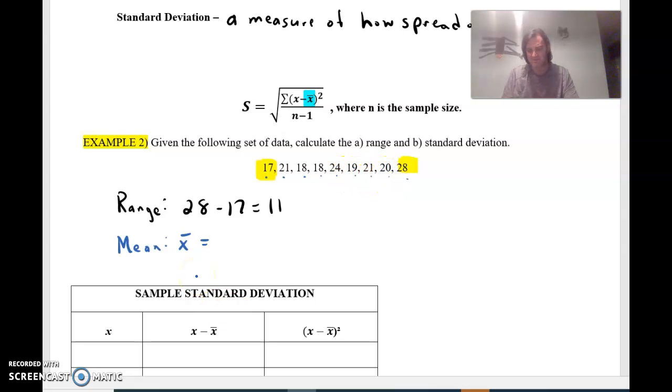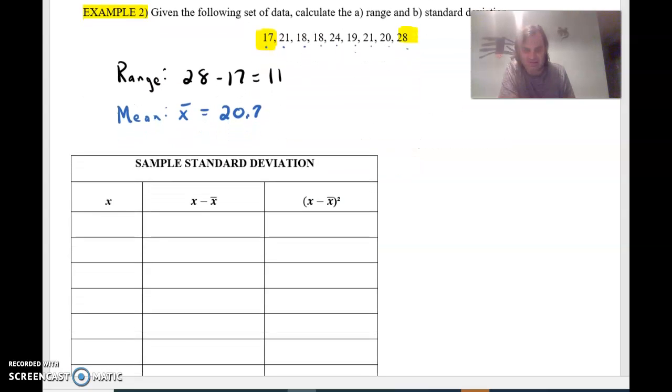Okay, so we're going to add them up real quick. And I get the average is about 20.7.